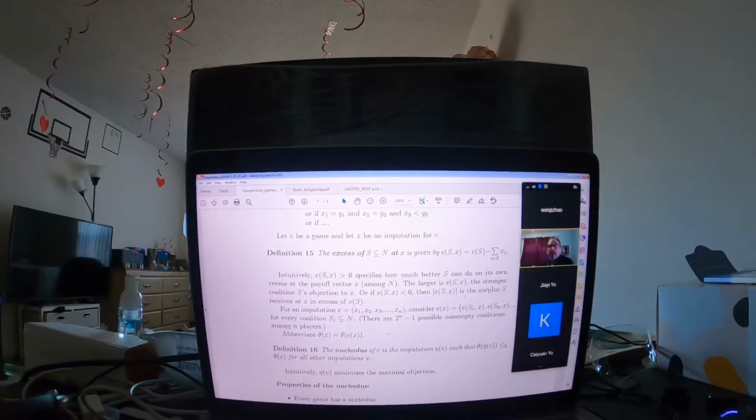If this is negative, then the absolute value of this represents the surplus to the coalition, how much better off they are at this than they would be on their own.